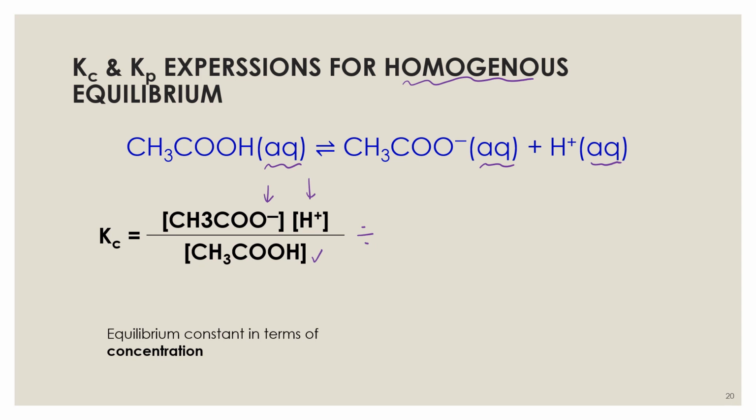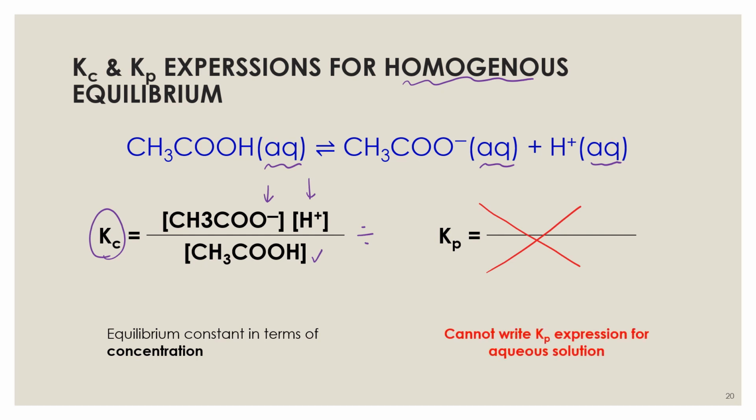Since it is an aqueous solution, we are able to write the equilibrium constant in terms of concentration. But for Kp, we cannot write the Kp expression for the aqueous solution because aqueous has no partial pressure.